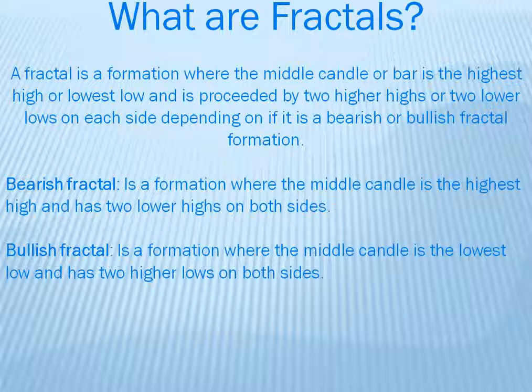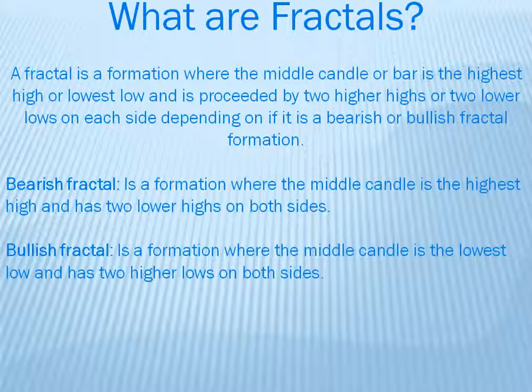So I'm probably confusing you with that, but if you take your hands and look at your palm, then that middle candle would be your middle finger, and the two candles next to it would be the candles on each side of it. So the candles on the left would be the two fingers on your left side, and the candles on your right would be the two on your right.